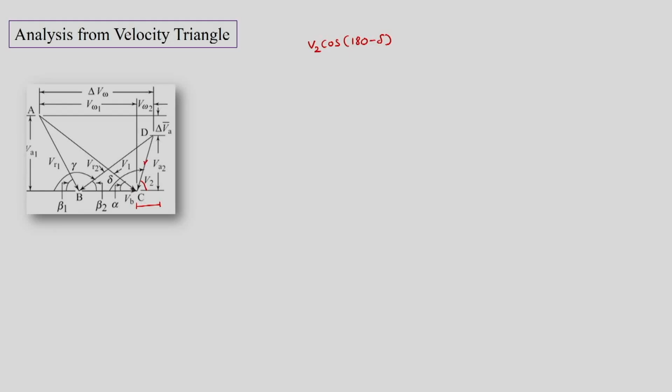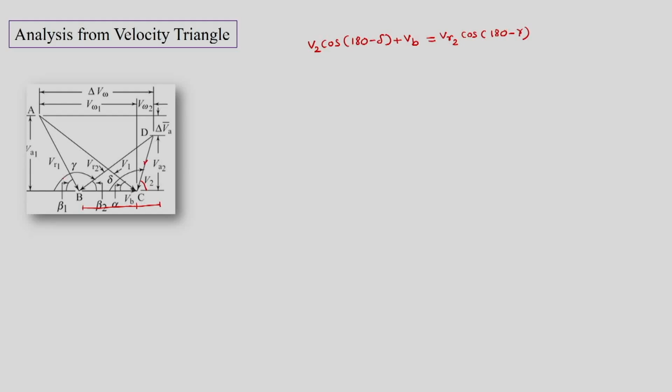So, VW2 is V2 cos of 180 minus delta plus Vb, and Vb is this, and that is equal to VR2 cos of 180 minus gamma.